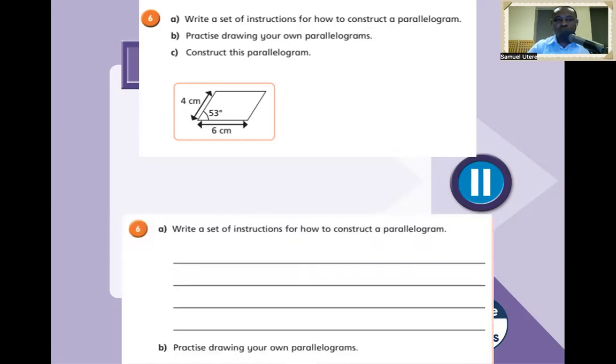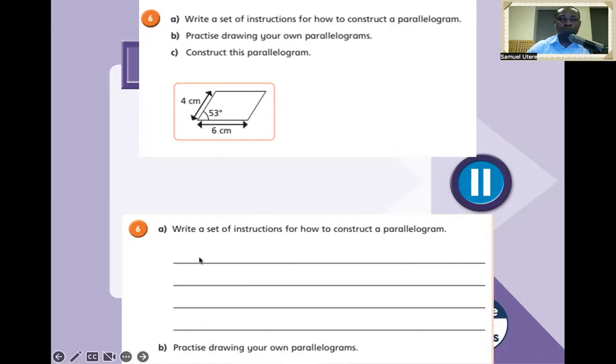So to do this, let's talk about the instructions. Step one, you will draw your 6 centimeter line.